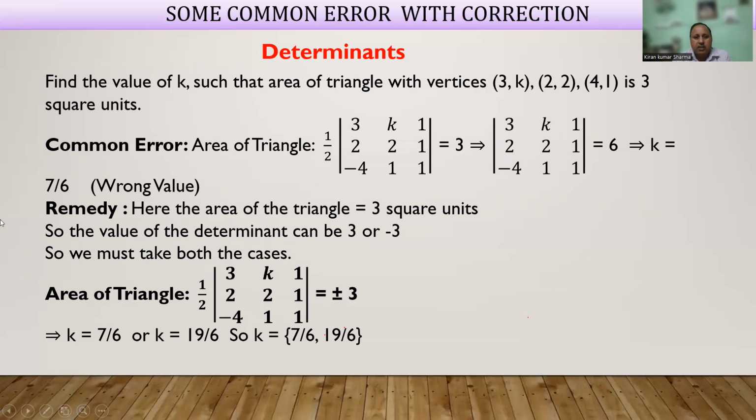They simplify this and get the value 7 by 6. When the area of the triangle is 3 square units, the value of the determinant may be plus 3 or minus 3. So when the area is given, we always write plus minus 3, not only 3. So this error is common.